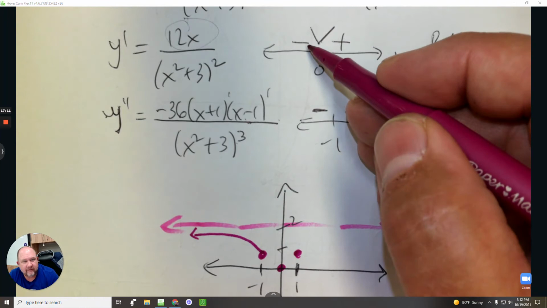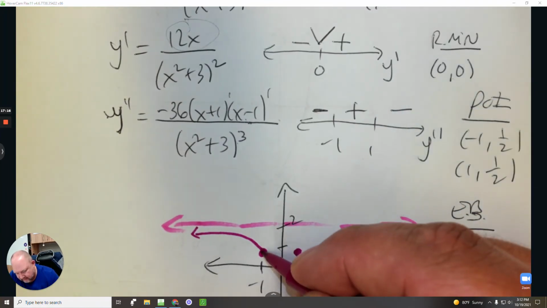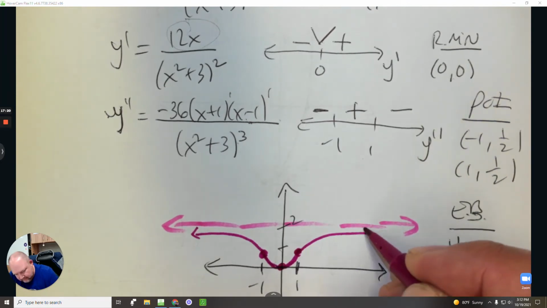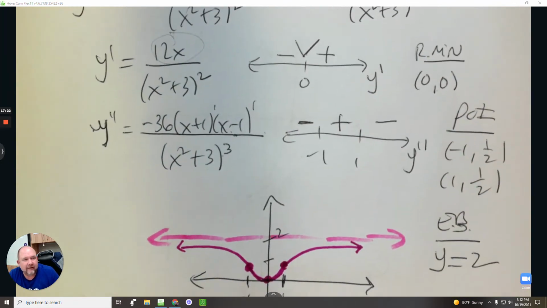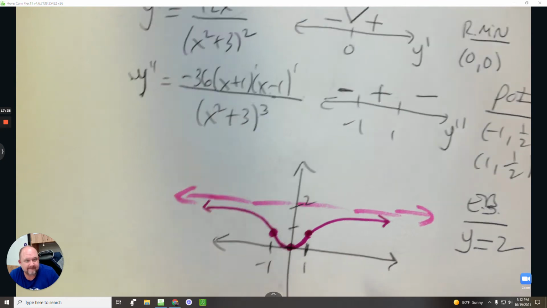So we're following, it's decreasing concave down at -1. It changes to concave up and still decreases, and there's a minimum. So just as you draw it, it decreases to 0 and then it increases. It's concave down, then concave up, and then concave down, and the end behavior goes to 2. And you did it.